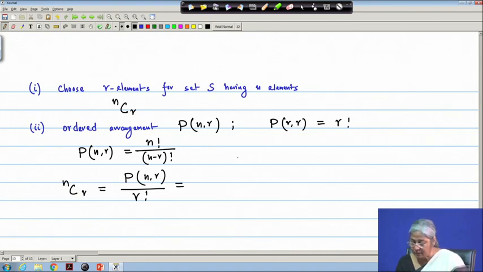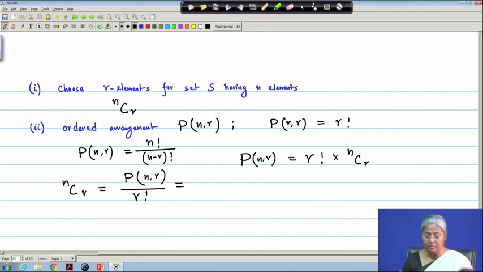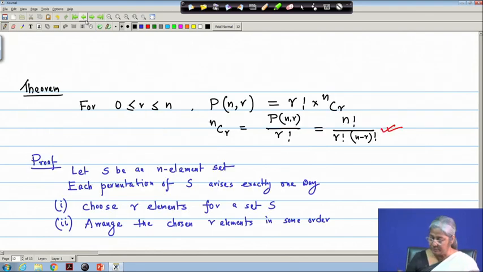Or actually, I should write this first: PNR is R factorial into NCR, because I have written two steps: choose R elements from a set S and arrange the chosen R elements. Arranging the chosen R elements means this is PRR.